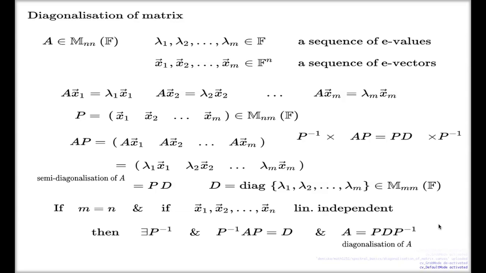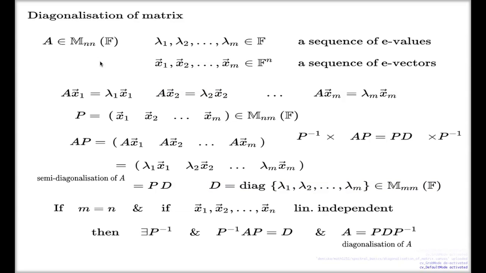So the difference between semi-diagonalization and diagonalization is that P must be square and invertible, for which you need linear independence of columns, the eigenvectors of matrix A. Diagonalization is not always achievable. There will be one example here where it is not achievable, but the good news for you is that spectral analysis is a relatively difficult topic, and you won't see much of it at the end of this course.